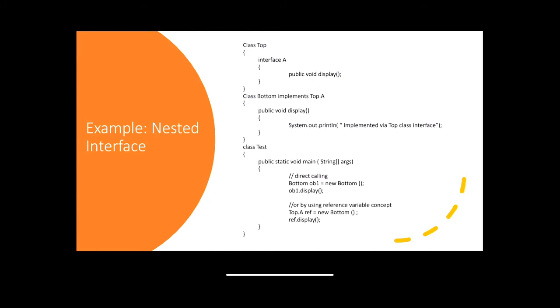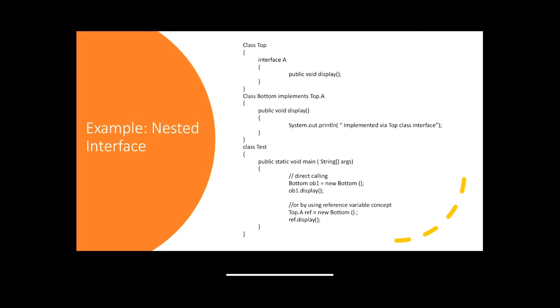In class test, we have shown the direct method and the reference variable method to call the display method of class bottom, which is inherited from interface A. In the direct method, an object of the bottom class is made, and with this object, the display method is called.